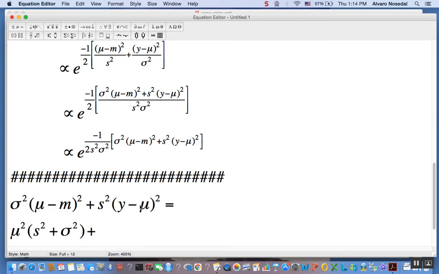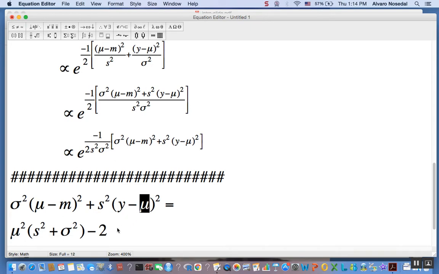And when you expand this one here, you're going to have s squared times y squared minus 2 times mu times y times s squared. Make sense? So we did something like this before, so let me just quickly go over that.